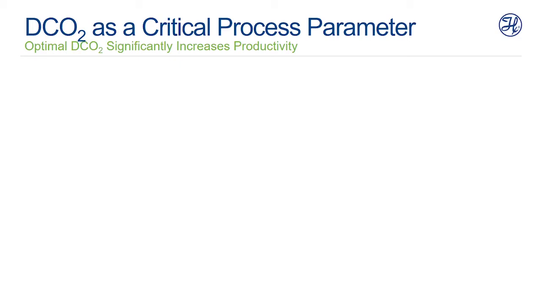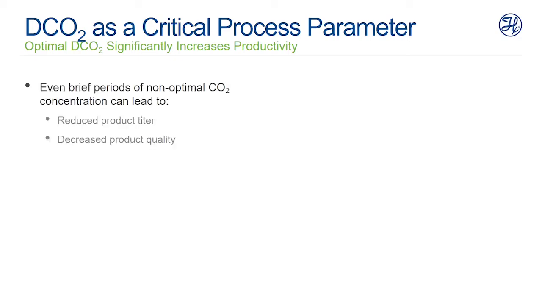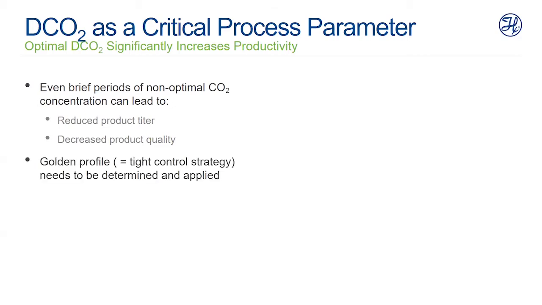It's been well documented that even when CO2 spikes for brief periods of time, like in the previous example, it leads to lower productivity and decreased product quality. That can mean non-optimal glycosylation, it can mean a reduced therapeutic effect. But controlling dissolved CO2 can be used for more than just avoiding these negative consequences.